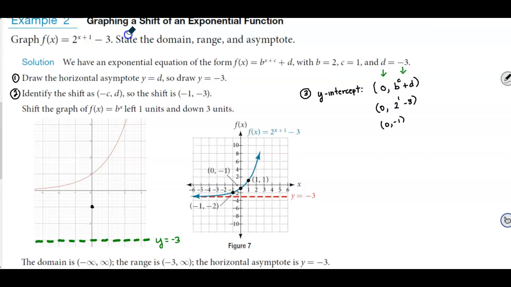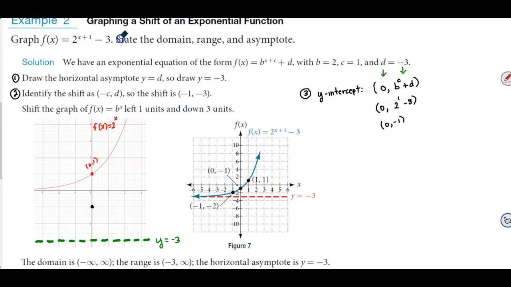Now we want to identify the shift, and the shift is (negative c, d). So the shift is negative times the value of c, which is 1, so we have negative 1, and then negative 3. Take a look at this graph: it is the family of functions graph, representing f of x equals 2 to the x power. It has a y-intercept at (0, 1).